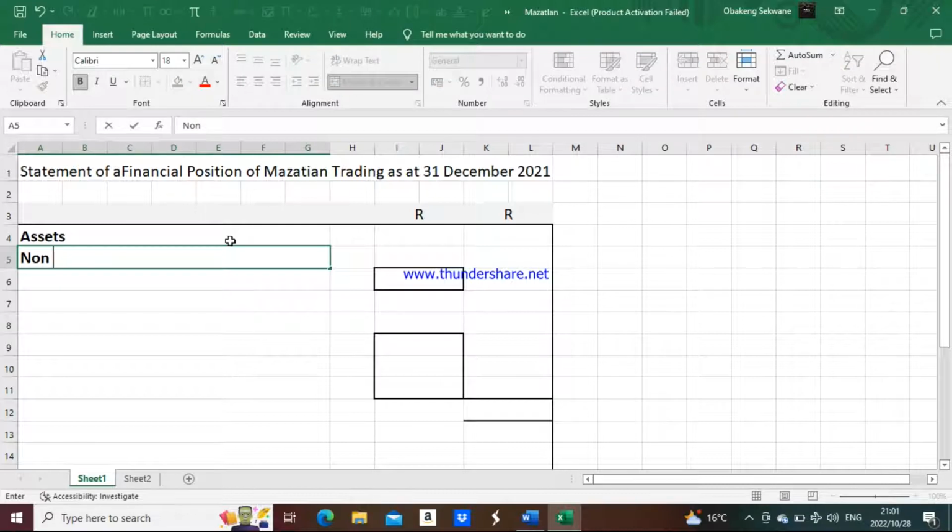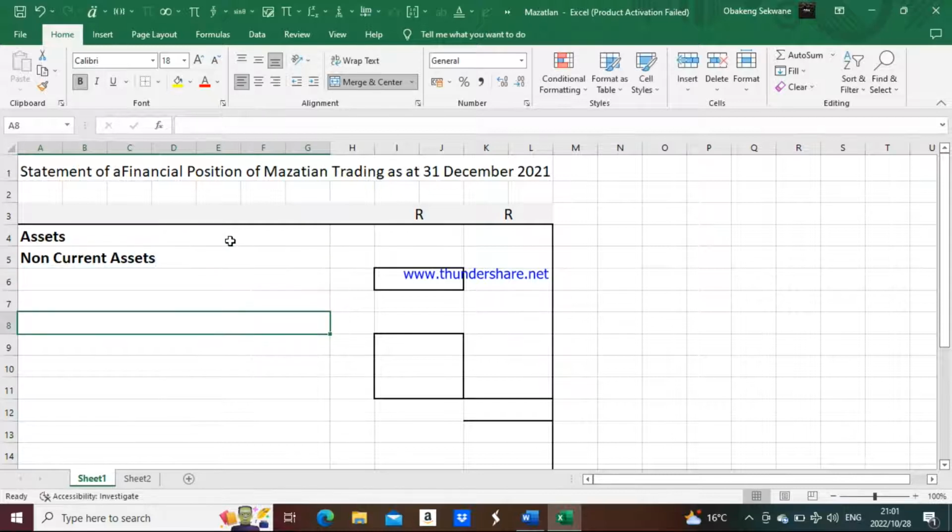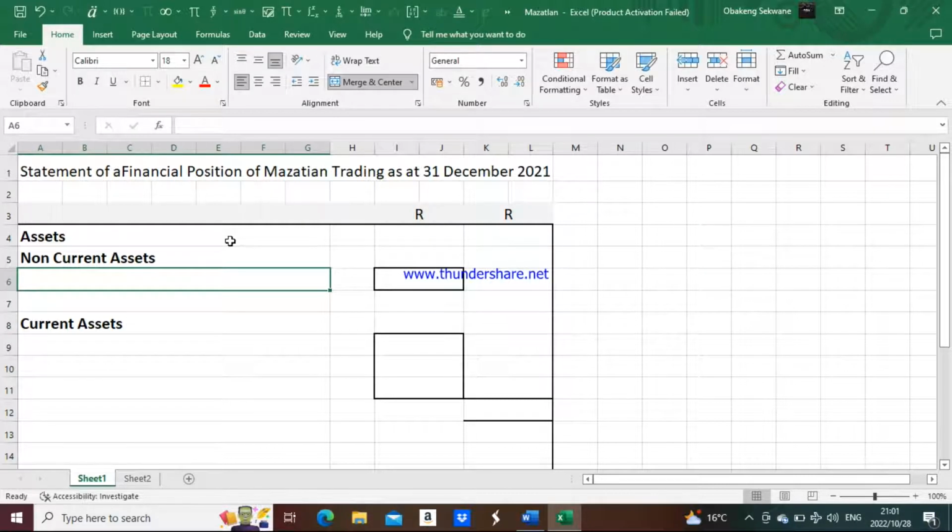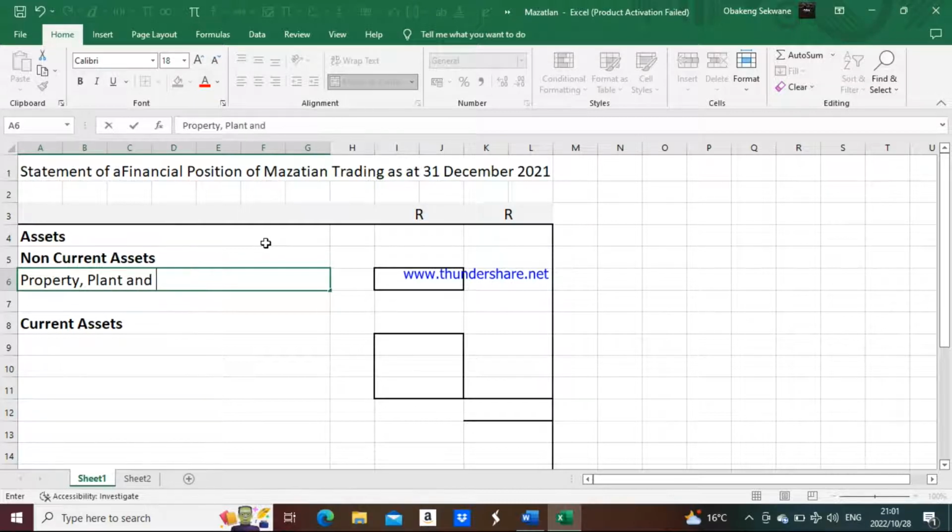So we have our non-current assets and current assets. In our non-current assets, we already know that we've got vehicles and equipment. So that falls part of our PPE, which is our property, plant, and equipment.